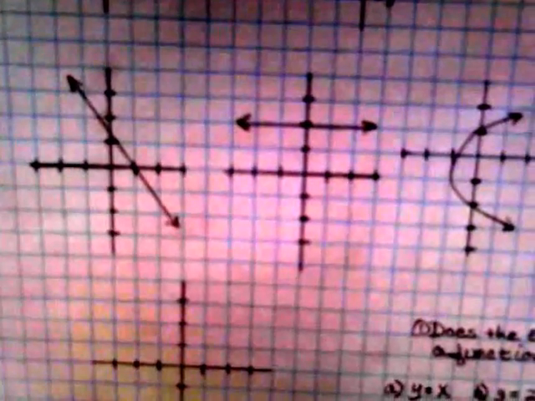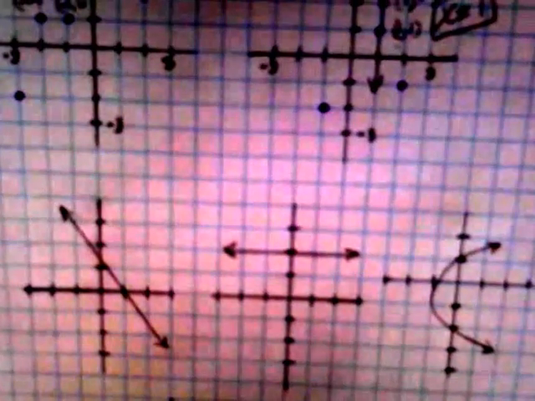Okay, so now we can see that x is equal to 1 is not a function. So when we go over here and look at these little graphs, we're thinking, okay, x's can't be repeated. We know that, right?